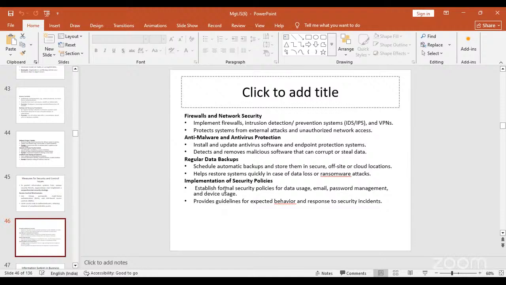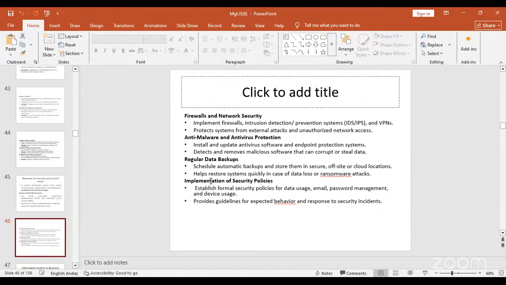Then implementation of security policies. So establish formal security policies for data usage, email, password management, and some sort of security policies are to be provided, like backup policy. For example, you can take weekly backup, daily backup, monthly backup, or a scheduled backup.